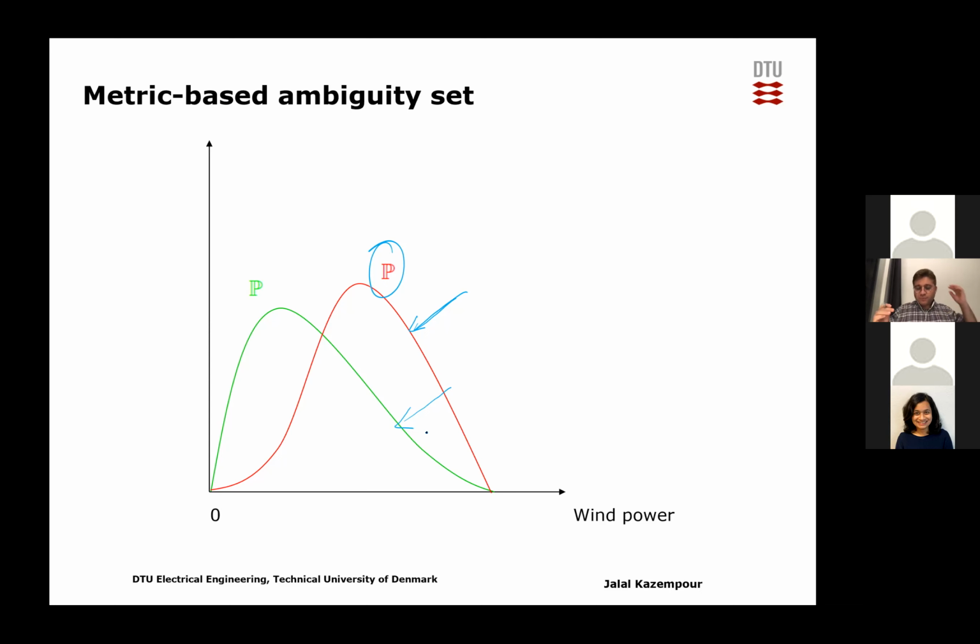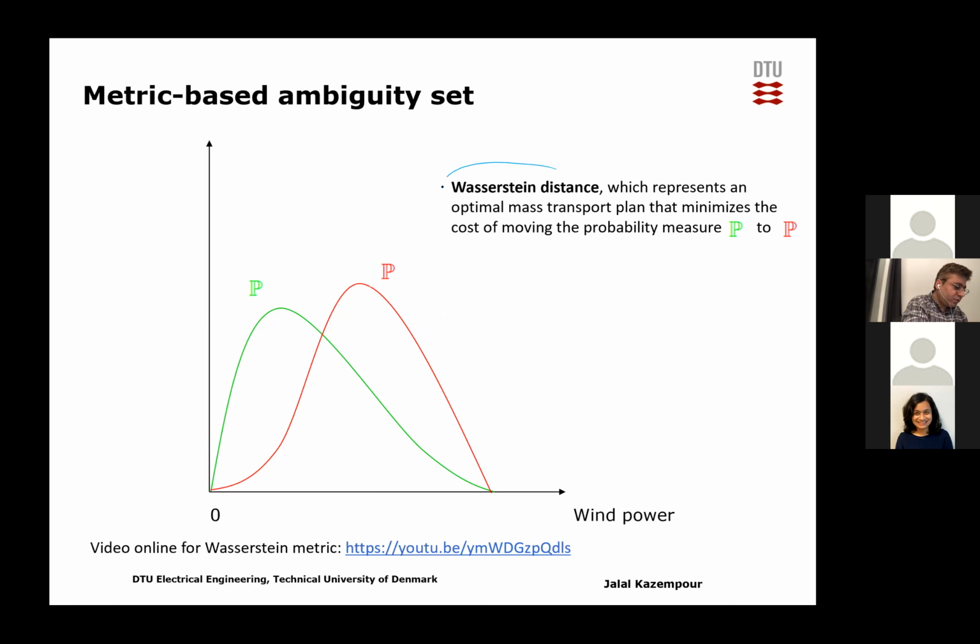There are different techniques for measuring the distance of two distributions. One of the most famous is the Wasserstein distance.